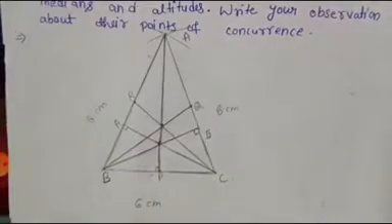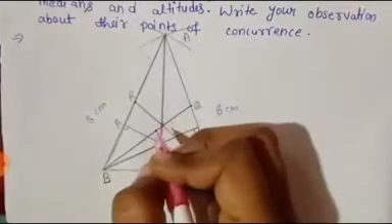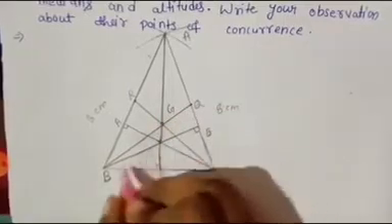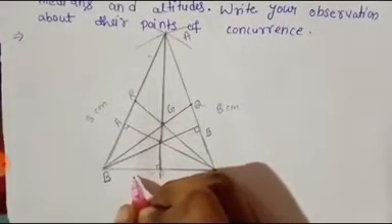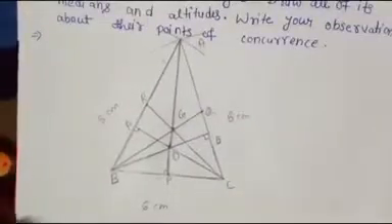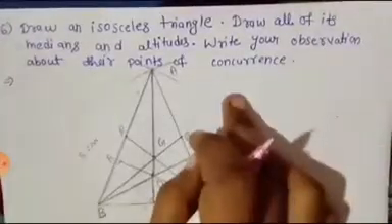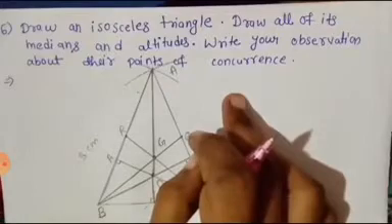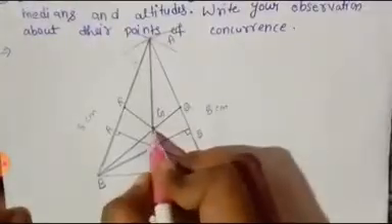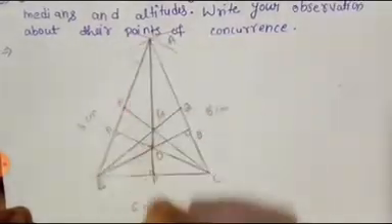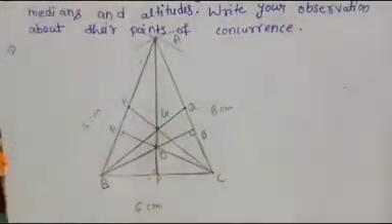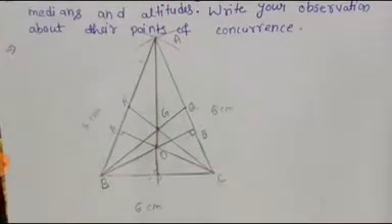Now the point of concurrence of the medians is called the centroid, and the centroid is always denoted by G. So this is G. Now the point of concurrence of the altitudes is called the orthocenter, and it is denoted by O. So G and O, that means centroid and orthocenter. You can get one perpendicular AP. Now the observation about their points of concurrence: you will write the observation also.